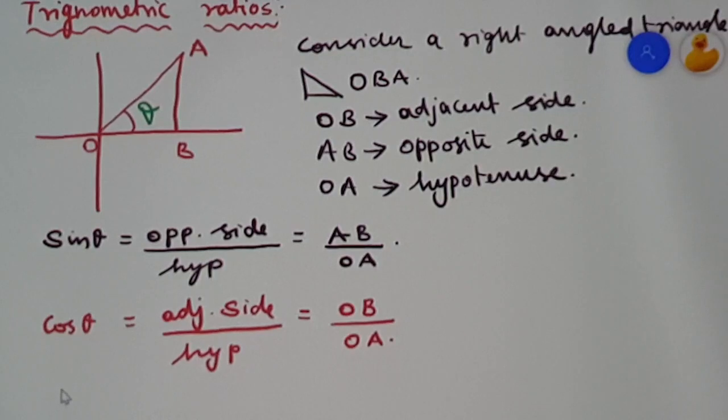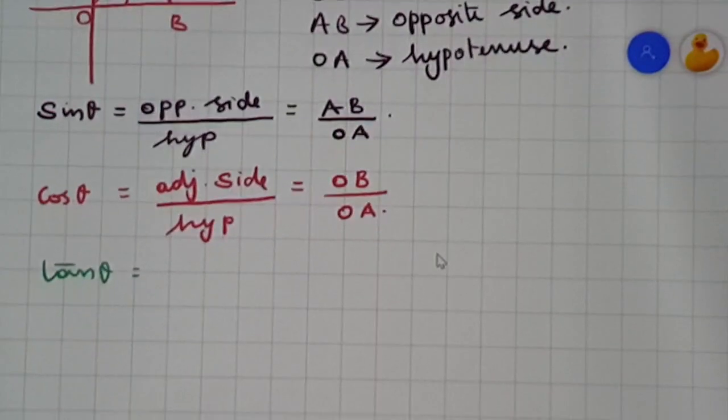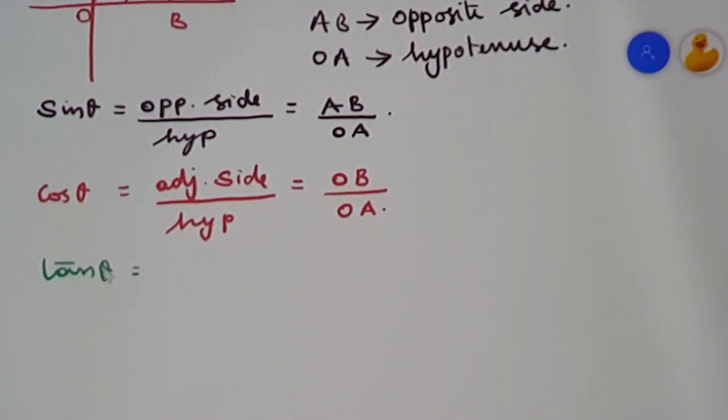After cos theta, let us go for tan theta. What is tan theta? Tan theta can be written as sine theta divided by cos theta.